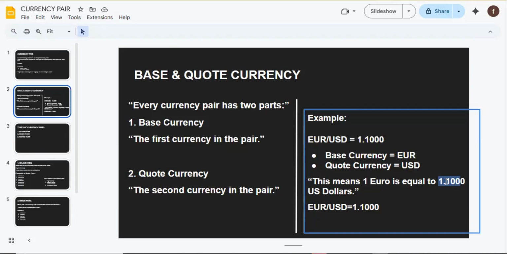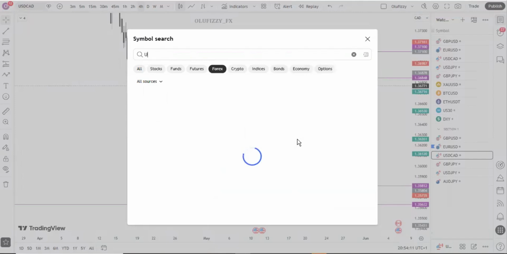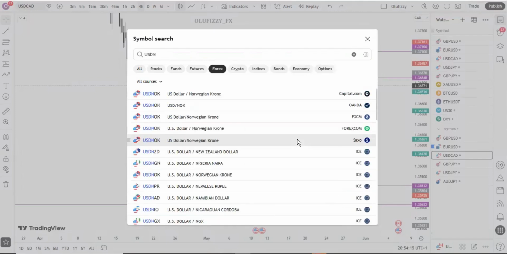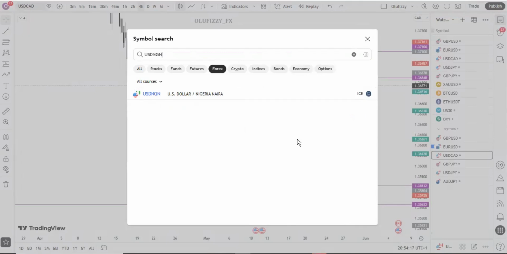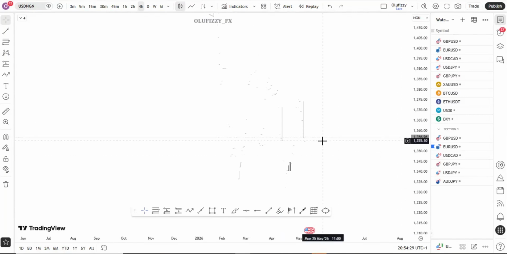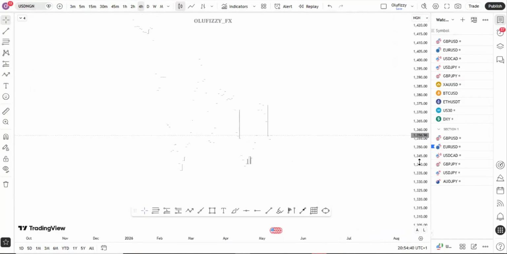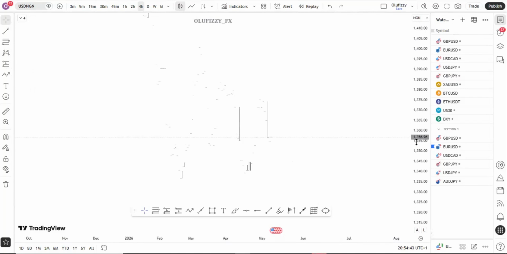And let's also use Naira, for example. Let me go on my chart to quickly use USD NGN, that is Naira. I told you that they use the quoted price. In this case, the base is the USD, while the quote is the Naira. If you check, what we have here is the current market price, 1,356.